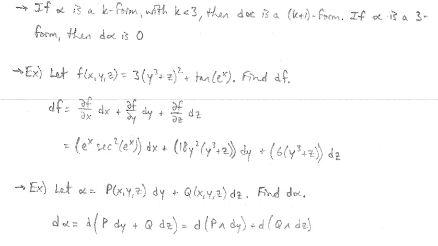Well, p dy is the same thing as the wedge product of p and dy. Q dz is the same thing as the wedge product of q and dz. Now, we use property number 3. We use that property that we have to take a little bit of getting used to, and the more we work with it, the more we get used to seeing how we use it.